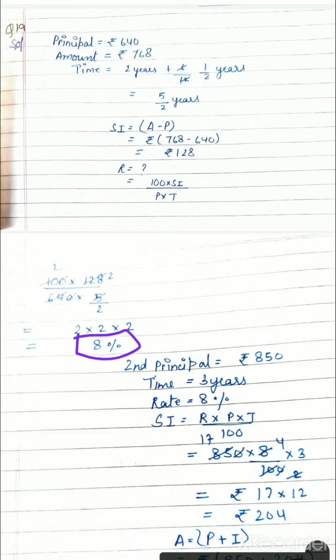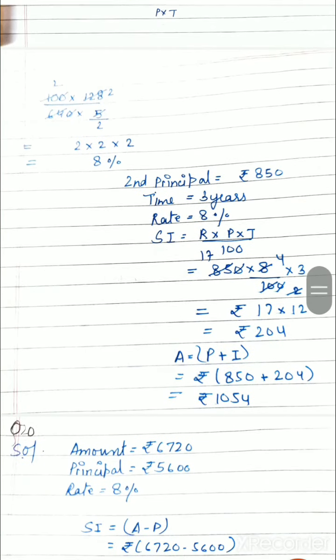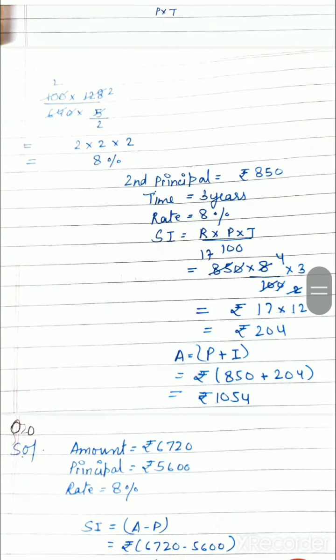Clear? Now, in the second case, the principal is 850, time is 3 years and the rate of interest is the same 8%. Now we have to calculate SI and amount. The SI we will get is 204 and the amount we will get is 1054. Clear everyone?